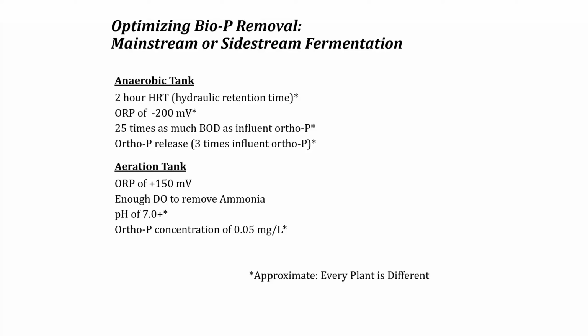It can go very low, the ORP in your anaerobic tank, unless there's a lot of sulfur, and then it starts to smell bad. Not a lot of fear of an anaerobic tank becoming so anaerobic that you're creating methane. That really only happens to a significant degree if the vessel is covered and there's no interaction with the atmosphere.